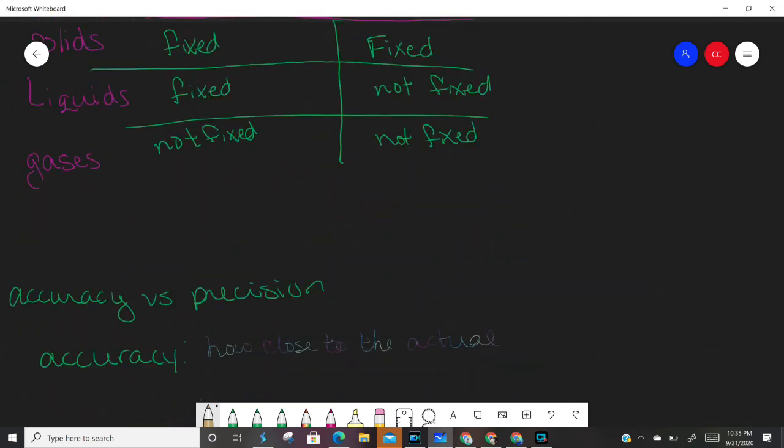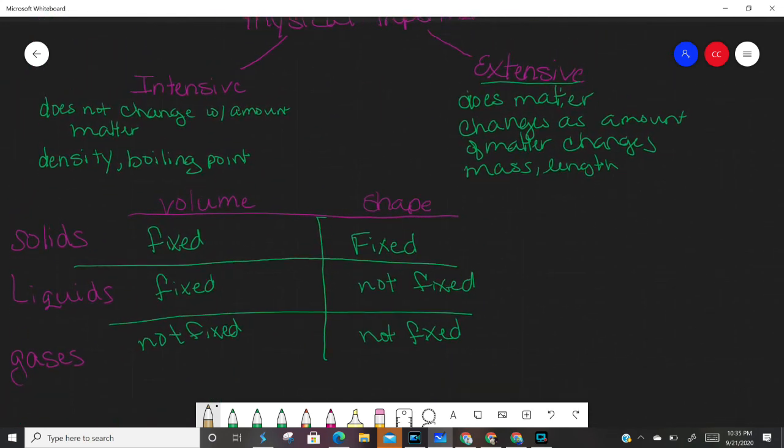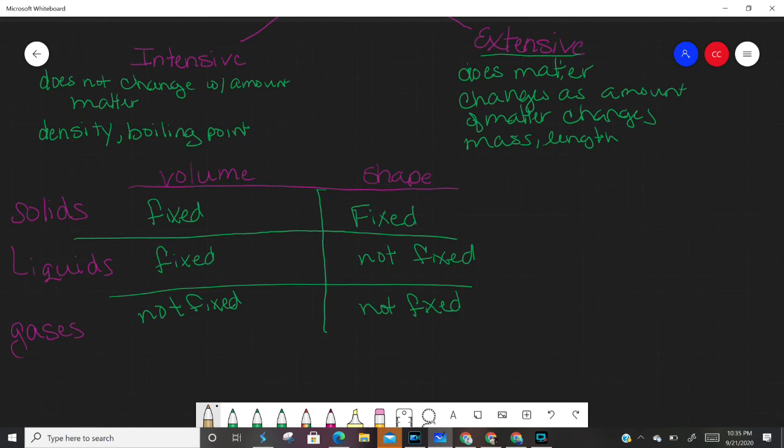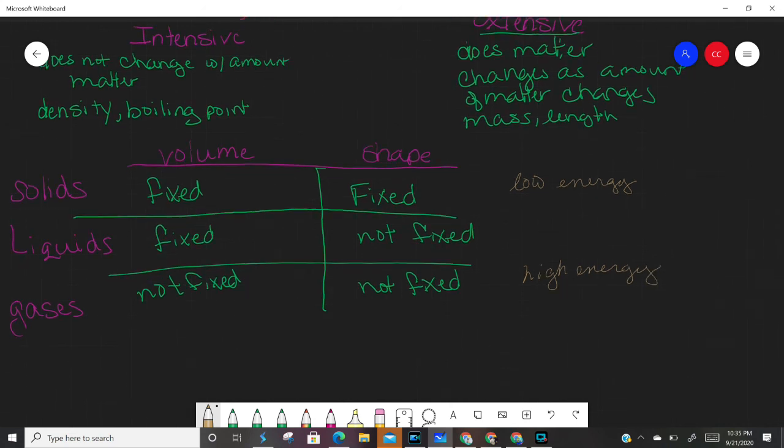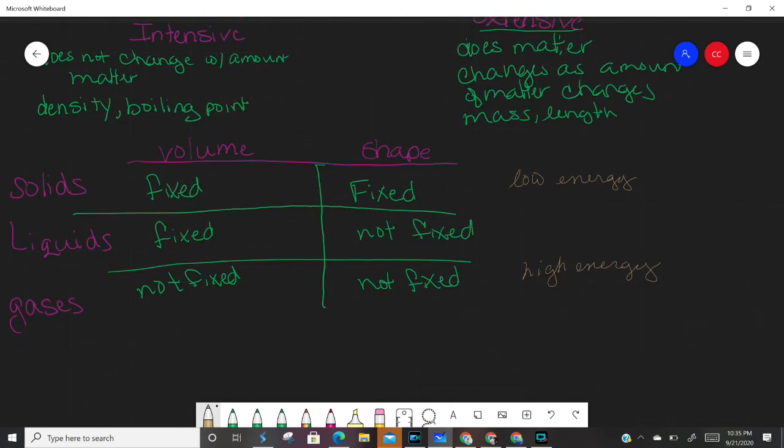Okay, let's go back up here for just a second, and remember, solids are low energy. Think of ice as a solid, low energy. Gases are high energy. So when you see the steam going off into the air, it's moving quickly.